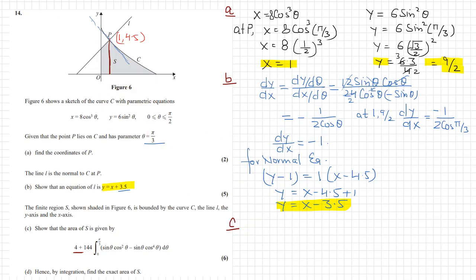So that is half. This x is 1, so this is 1. Then this line L, that is the normal, is crossing the y-axis here. It means x is 0.